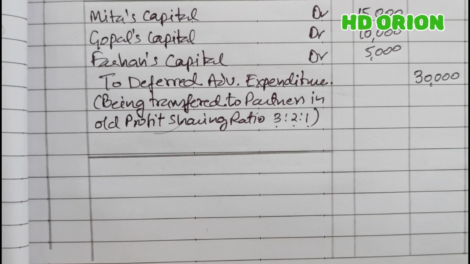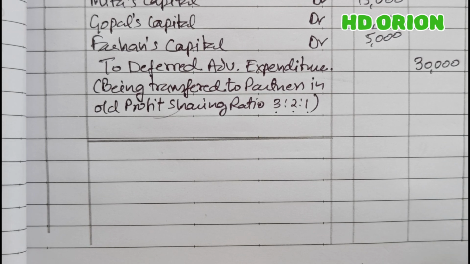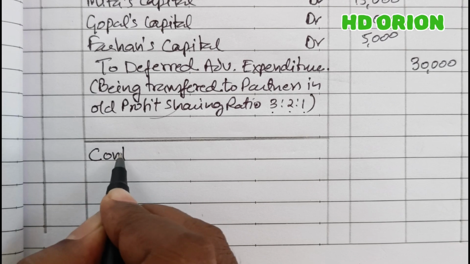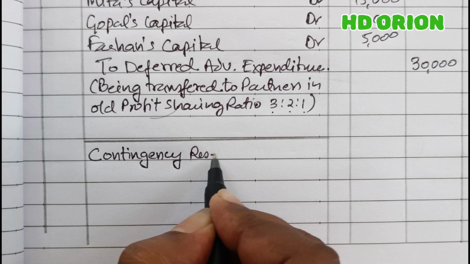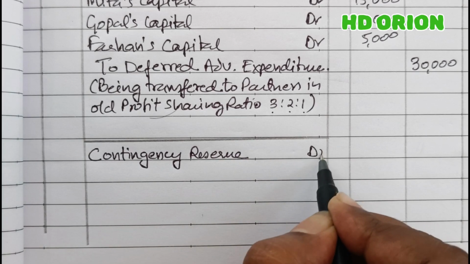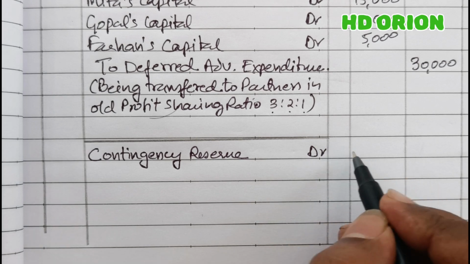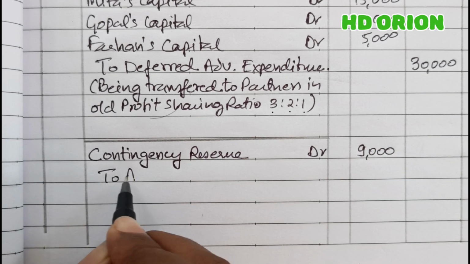Now the journal entry to close contingency reserve. Reserve is always a credit balance and it is to be debited and closed. So contingency reserve account debited, and contingency reserve is of rupees 9,000, and it will be transferred to partners.